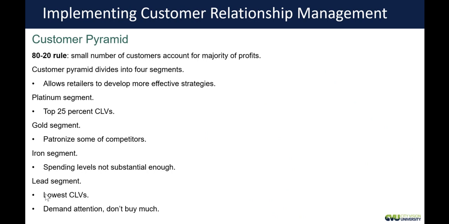That 80-20 rule means that 80% of our profits are going to come from about 20% of our customers. So when we use the pyramid, we want to divide our customers into 4 segments and figure out how we can target them.